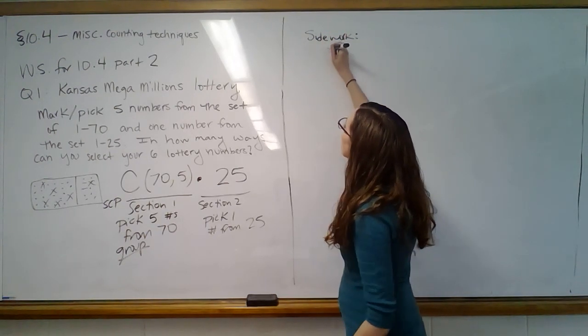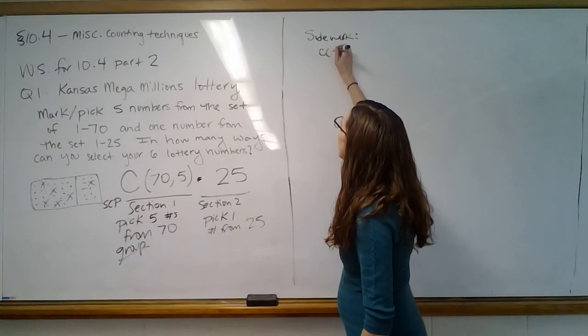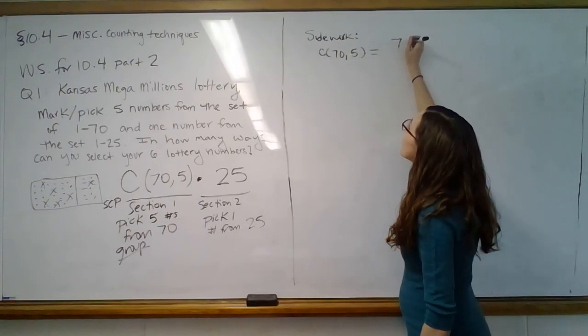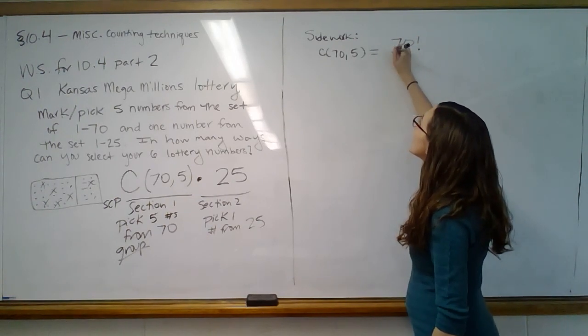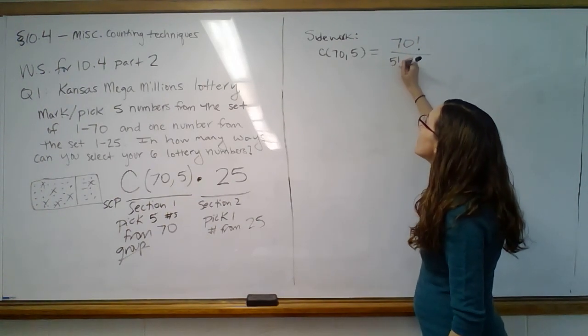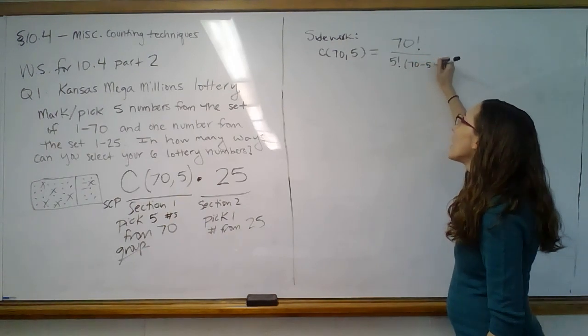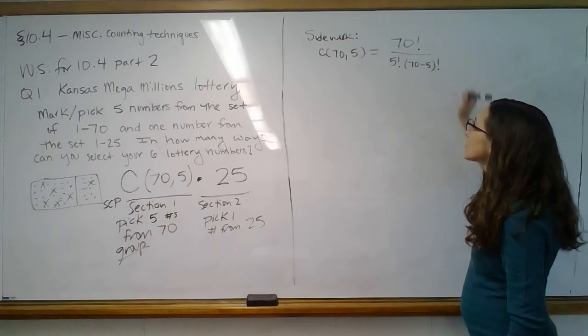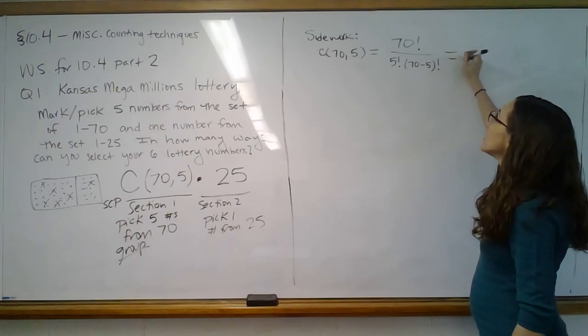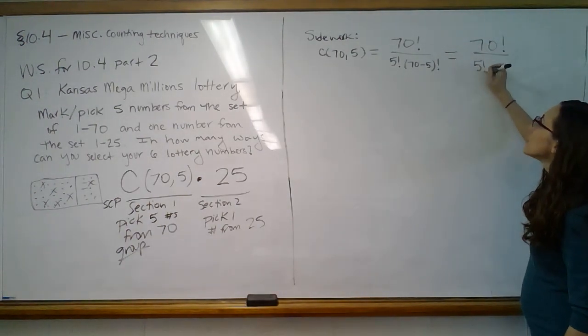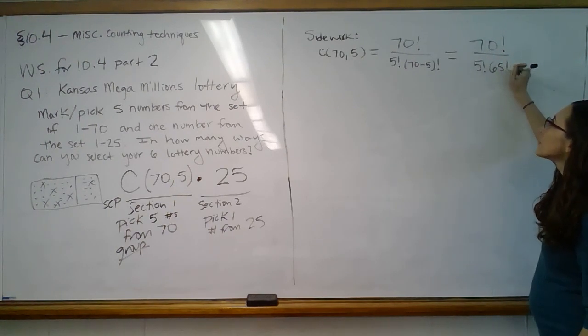So for some side work, let's do the combination. So from 70 things, select 5 of them. So that's going to be 70 factorial over 5 factorial times 70 minus 5 quantity factorial. So 70 factorial over 5 factorial, 65 factorial.